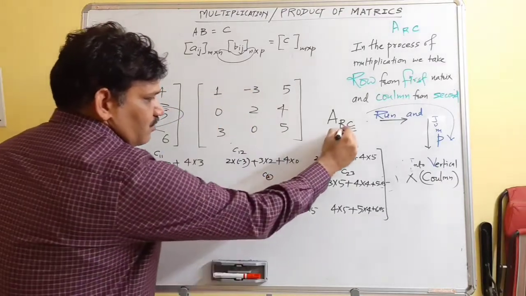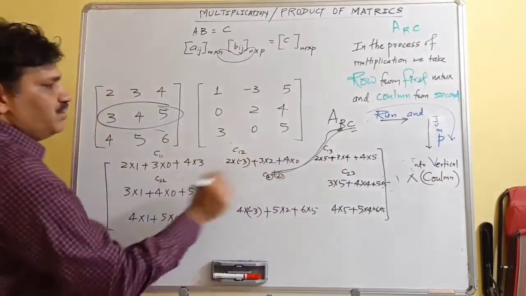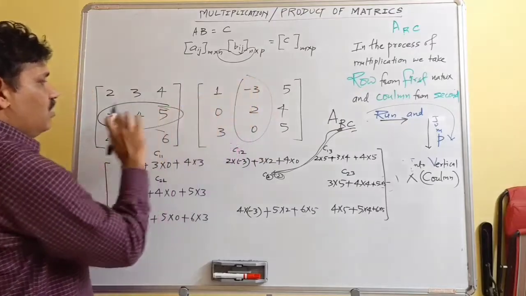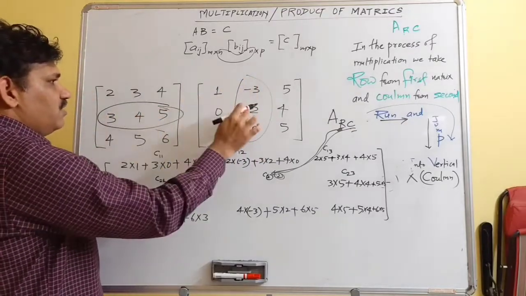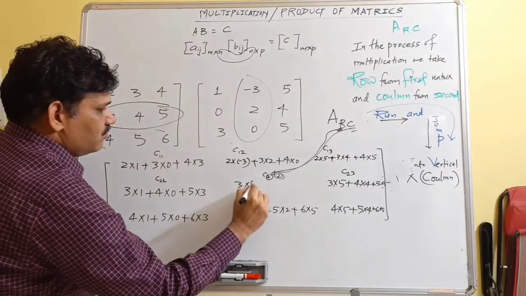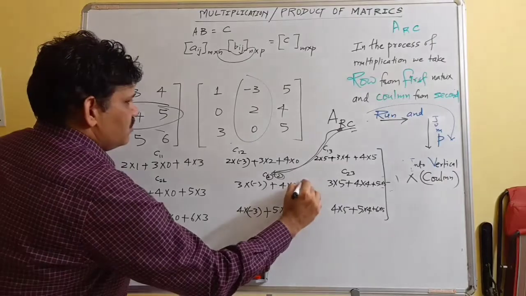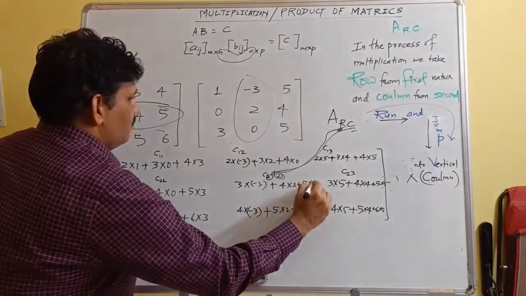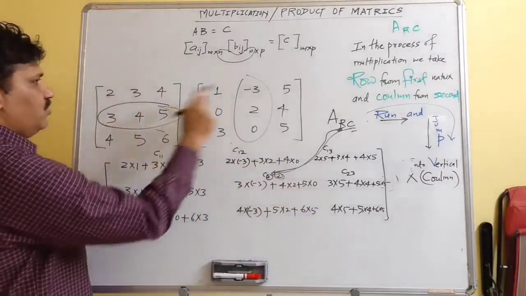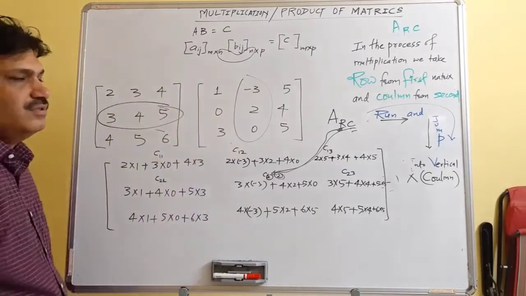Row comes second row, second column. I'll multiply the corresponding elements and add them. So this is 3 into minus 3 plus 4 into 2 plus 5 into 0.